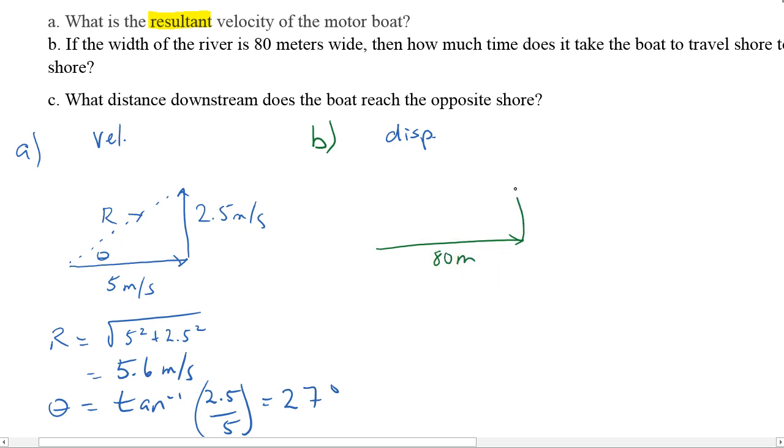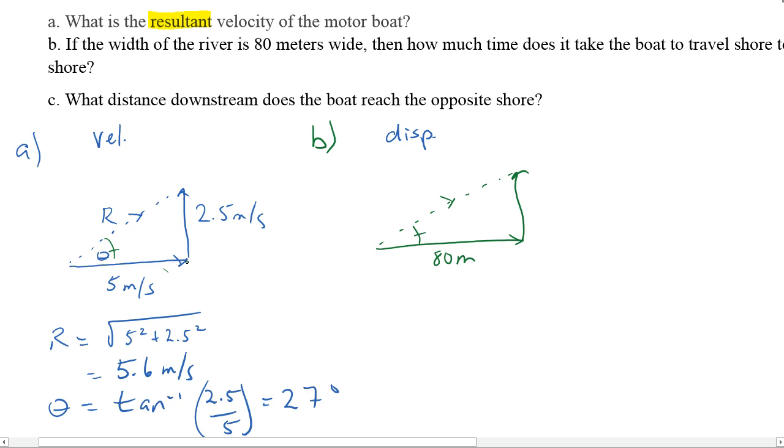And these two triangles are going to be similar. So this angle will be the same as this angle here.